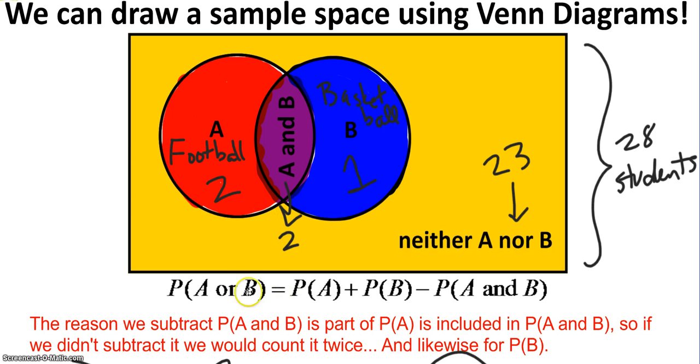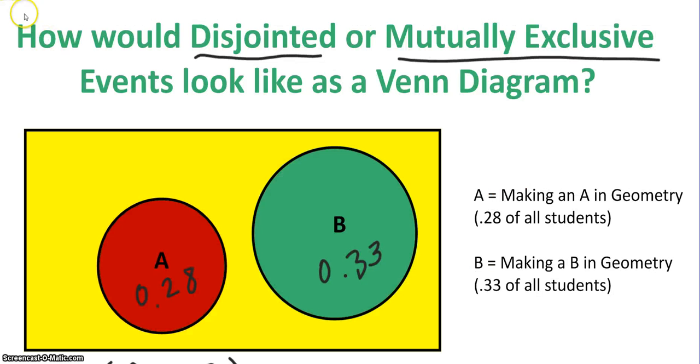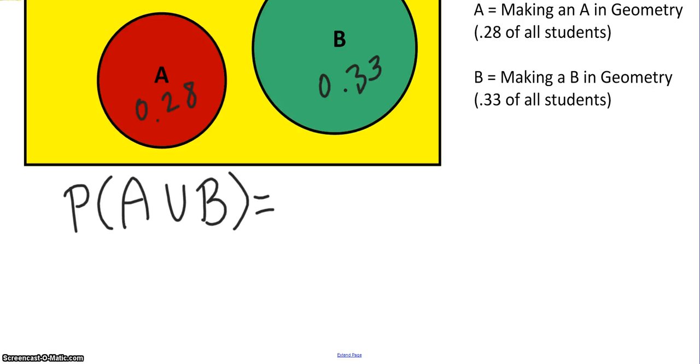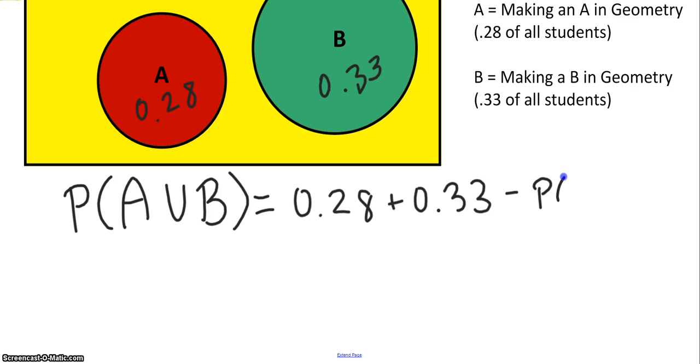So if we go back over here, the probability of A plus the probability of B minus the probability of A and B. So the probability of A is 0.28, the probability of B is 0.33, and then I would subtract the probability of A intersection B. The only problem is that with mutually exclusive or disjointed events, they don't overlap.